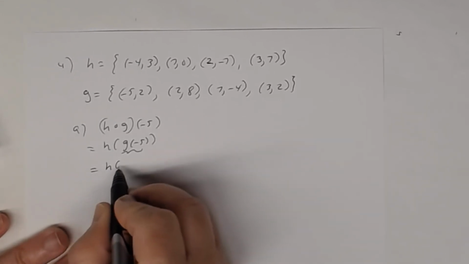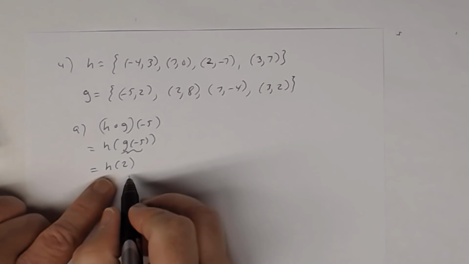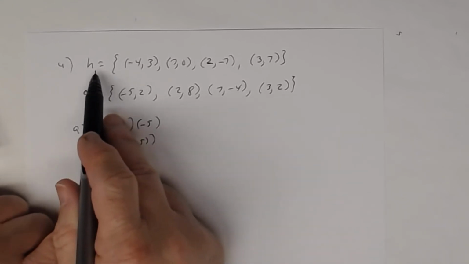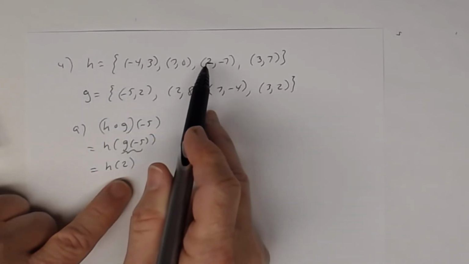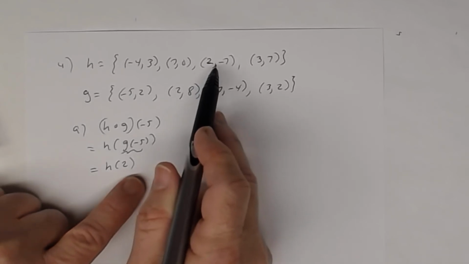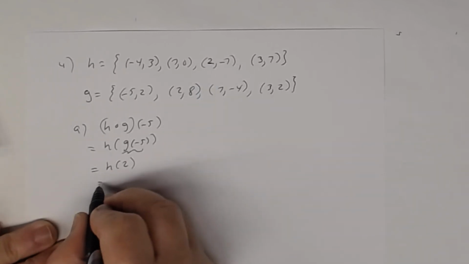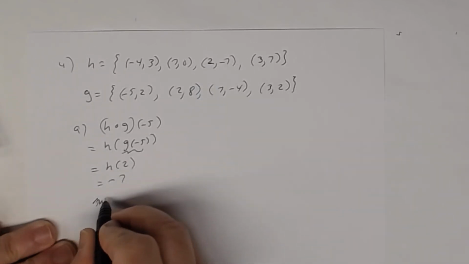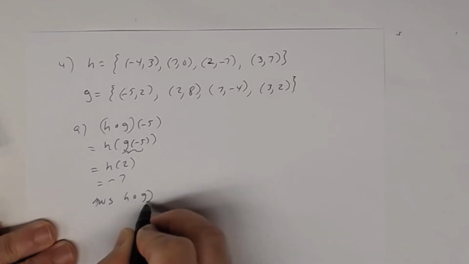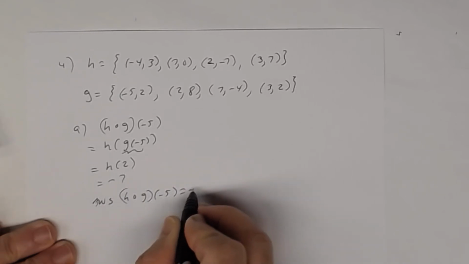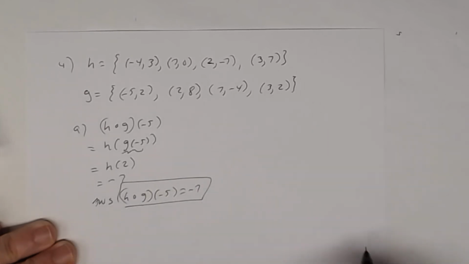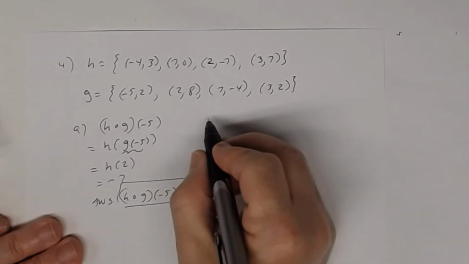So now I got to find h of 2. So h of 2 means I go to my function h, and when x is 2, my y value is negative 7. And so therefore the answer, h composed with g at negative 5 equals negative 7. Very simple process.